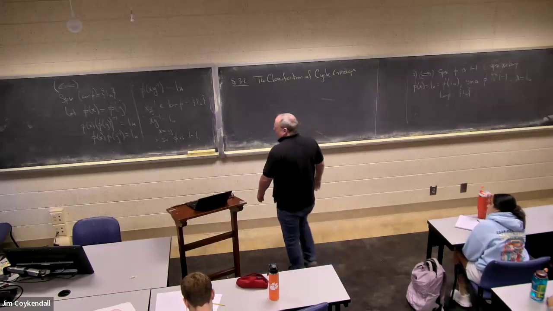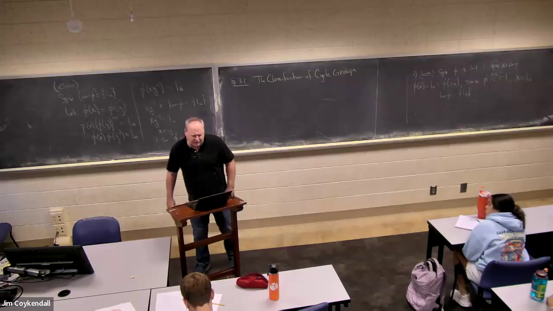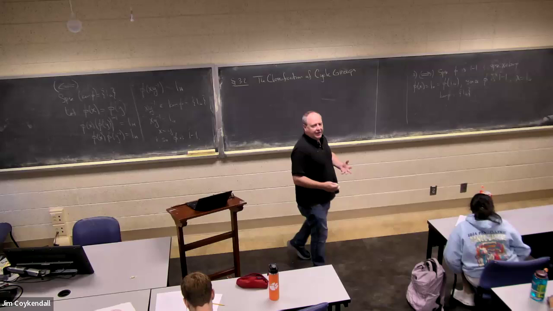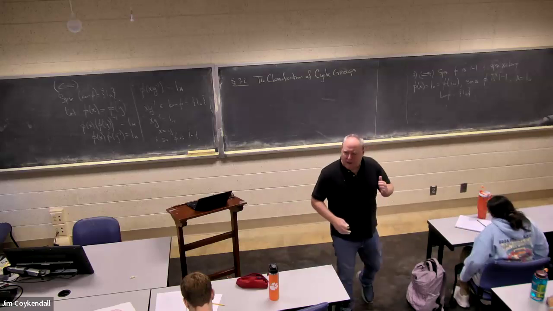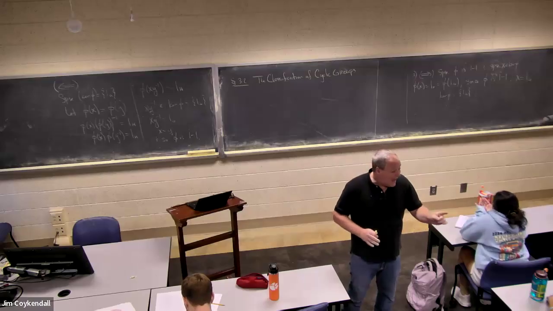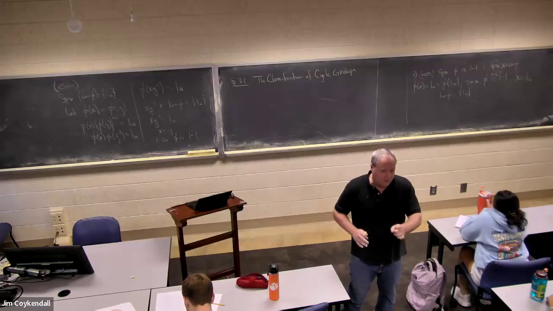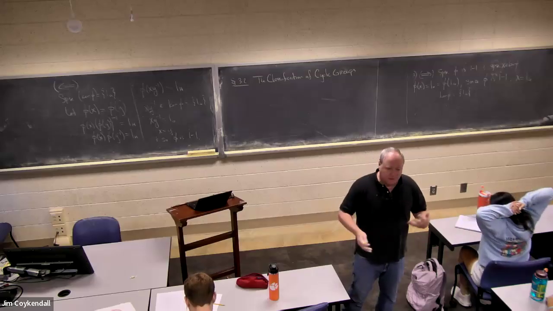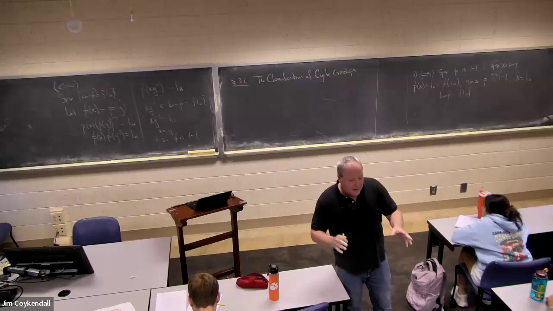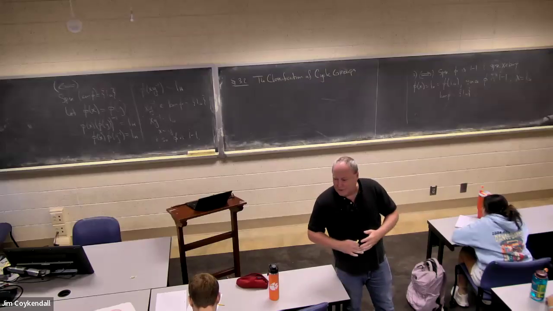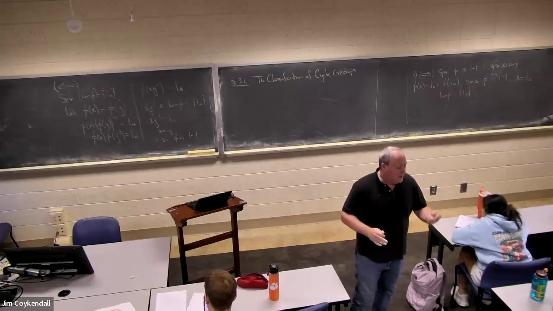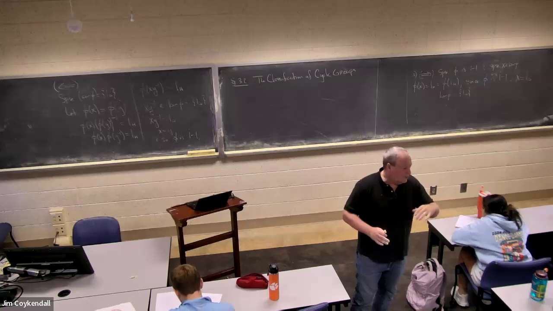So here we're going to classify cyclic groups. I'm going to tell you what a cyclic group is, but do you remember how we talked about a generating set? If I generate a group by X, Y, and Z, it's every word you can make with X, Y, and Z, and their inverses, and there might be some relations. Like the dihedral group, we had R and S. It's all the words you can make with R, S, R inverse, and S inverse. But you also had some extra things. S squared is the identity, so every time you see 2 S's in a row, you can erase it.